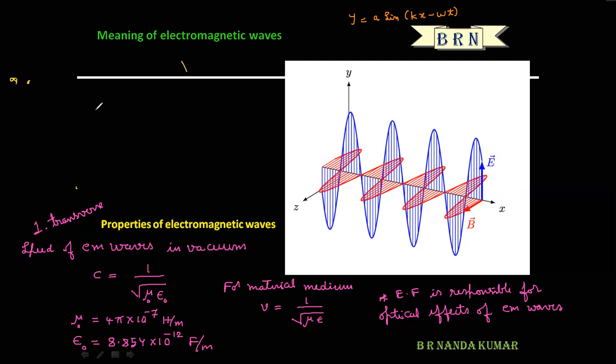So for the mathematical expression for electric field, we consider Ey, because here the electric field varies along the y-axis. So Ey is equal to E naught. E naught is the maximum value of electric field during one complete cycle.